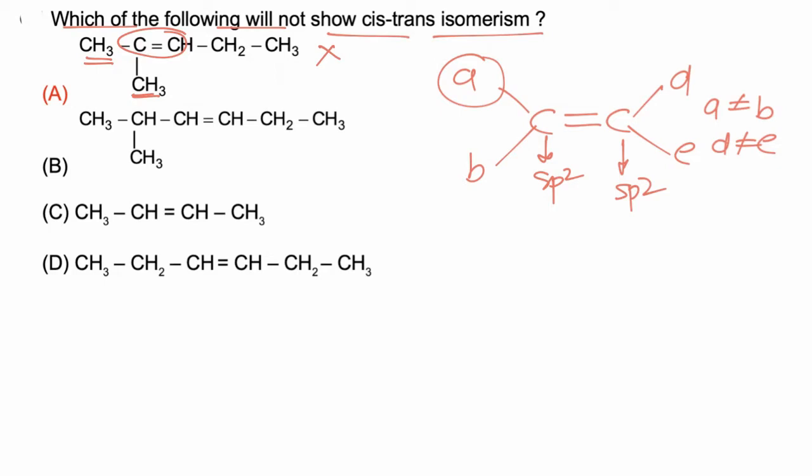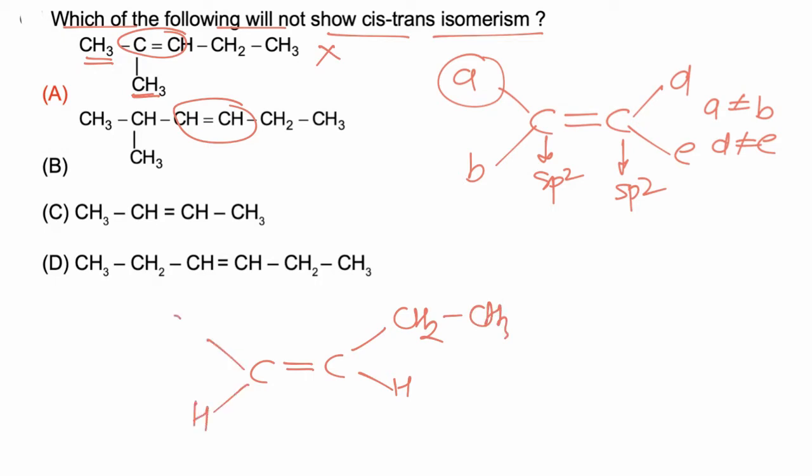Now if we take the second option, H, C double bond C, H, CH2, CH3, these two are individually different, and at the left carbon H and isopropyl groups are attached. So the groups attached on the left side and right side are both different.